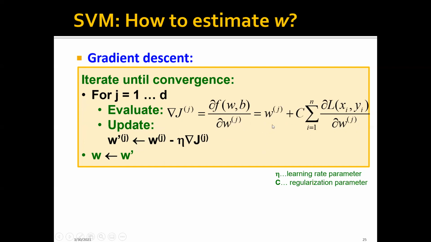As we mentioned before, we compute the gradient as the sum of two terms. The first term will be Wj, and the second term will be the gradient with regard to Wj. And we'll just update W using the gradient. So the new W will be the old W minus eta times the gradient. Remember that this eta here is the learning rate parameter, or sometimes we call it the step size.